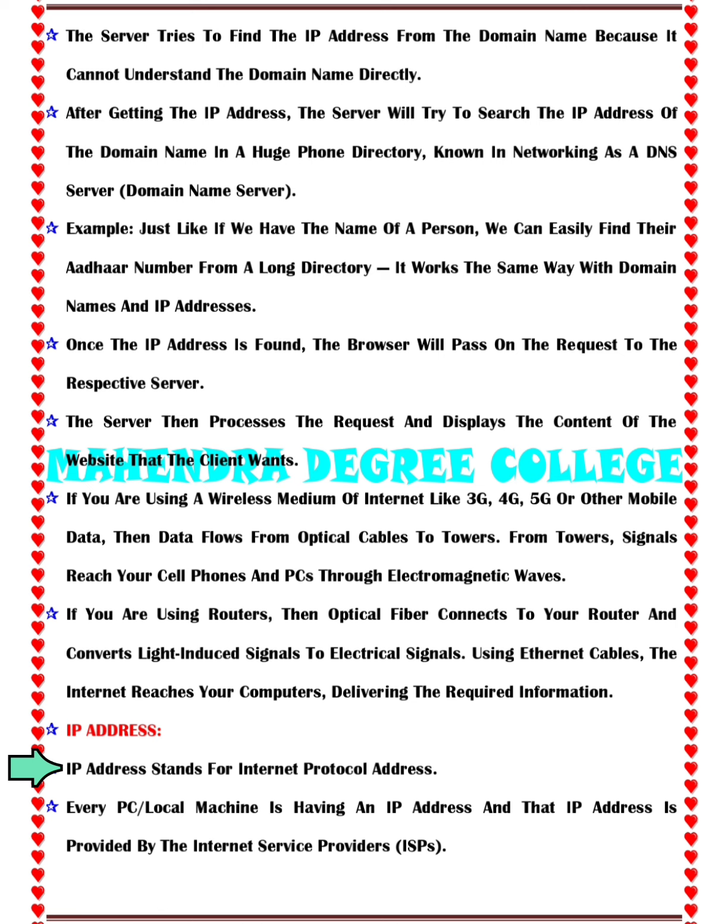For example, if the internet is like a postal system, the IP address is like your home address. It tells the network where to deliver your data. Every PC and local machine has an IP address, and that IP address is provided by the Internet Service Providers, ISPs.